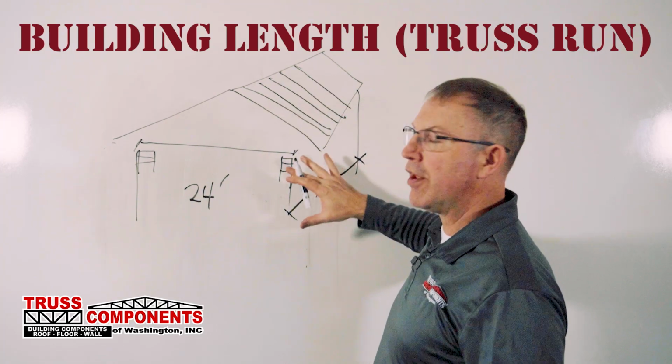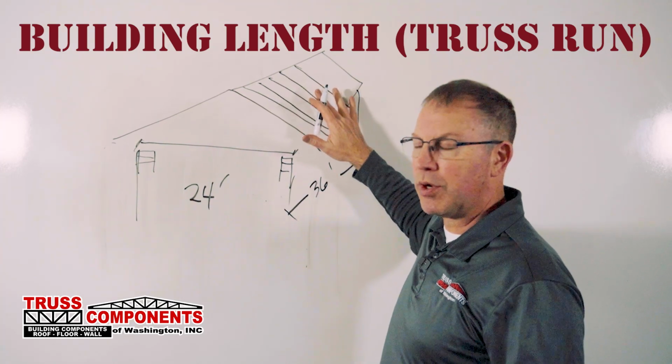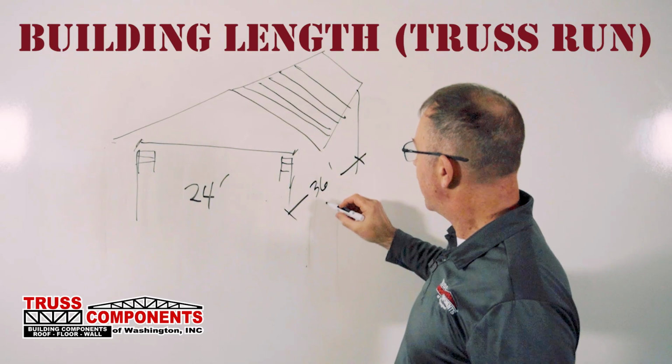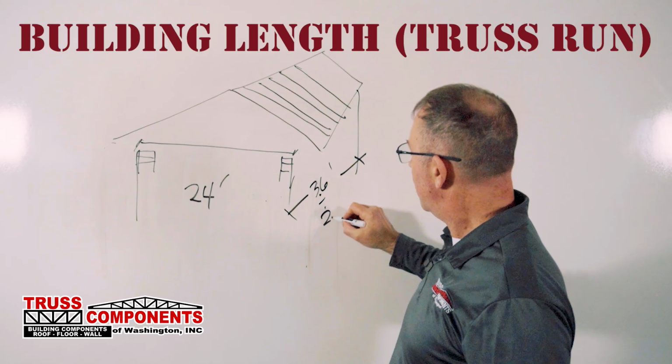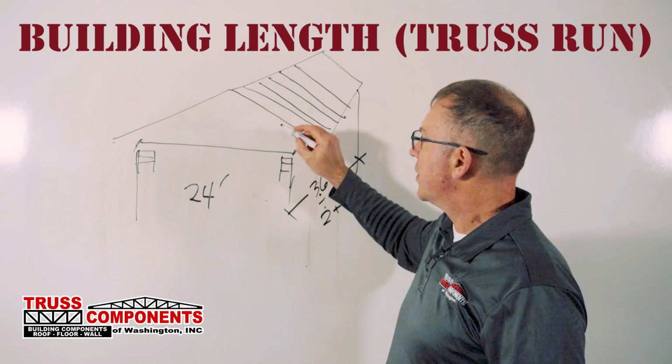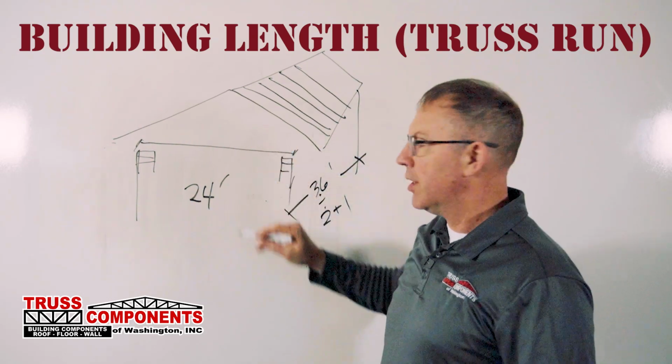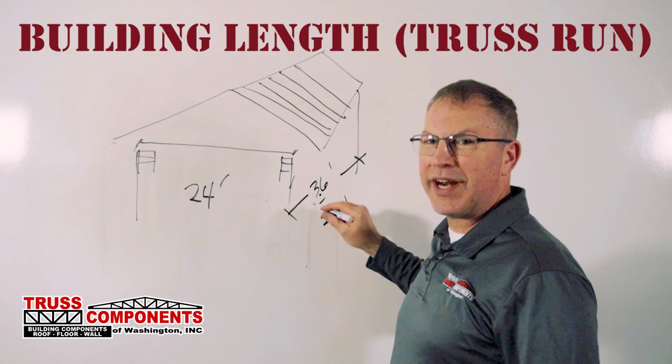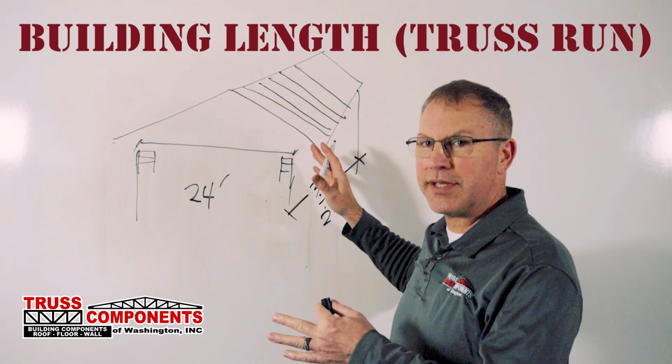So if we have a 24-inch truss spacing, 24 inches on center, we take that 36 divided by 2 plus 1. And the reason that we add 1 is because we start with the truss at 0. So if we're 2 foot on center, we're going to end up with a total of 19 trusses.